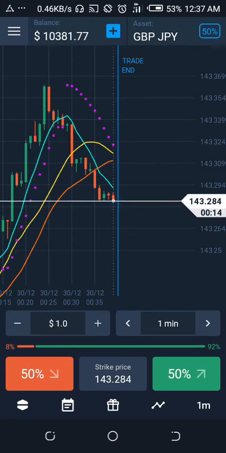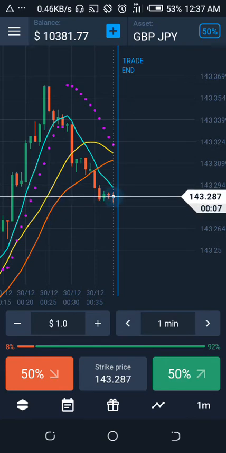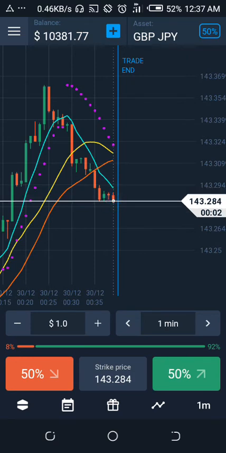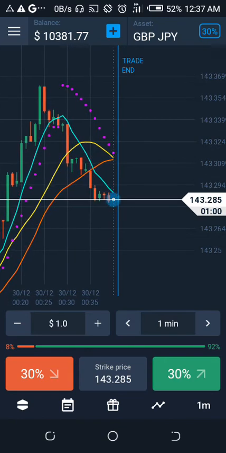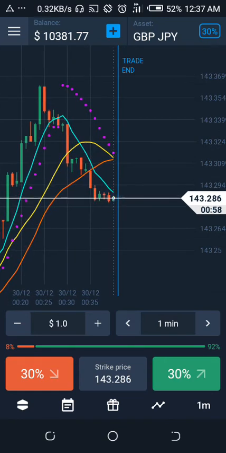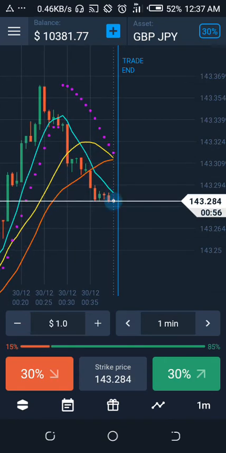Take your time before you enter a trade. Don't worry. It's all about strategy, it's all about time, it's all about focus. Just take your time.